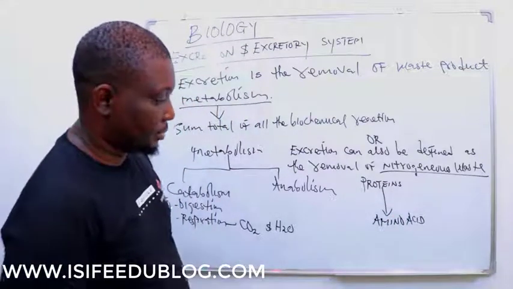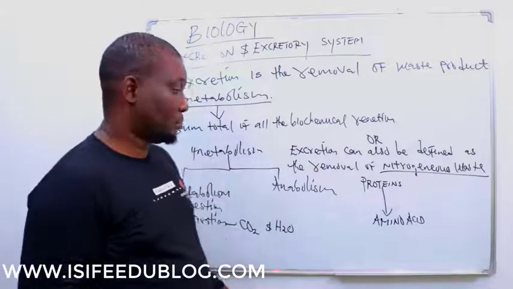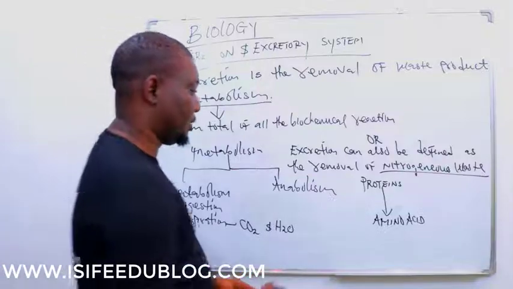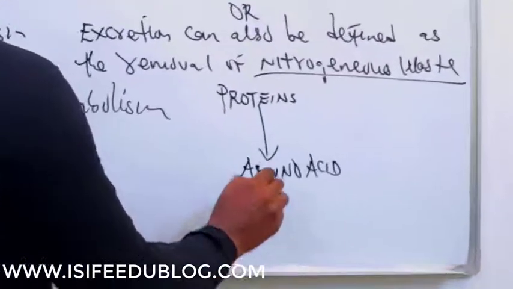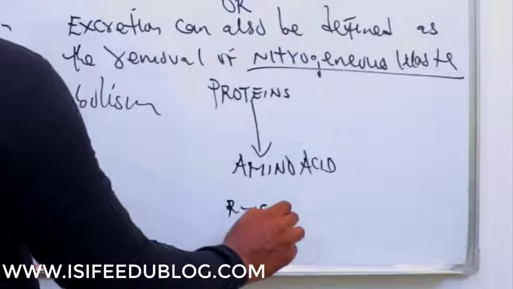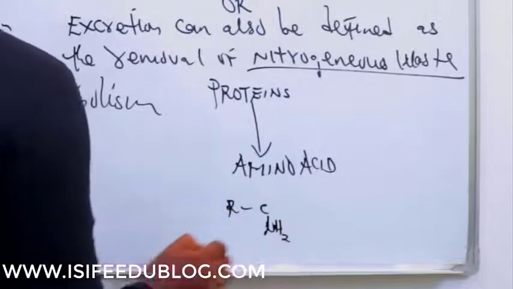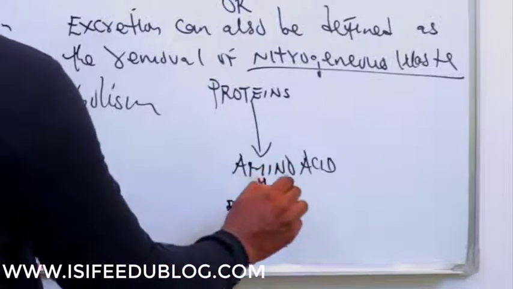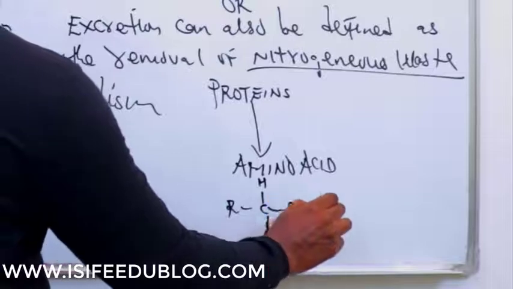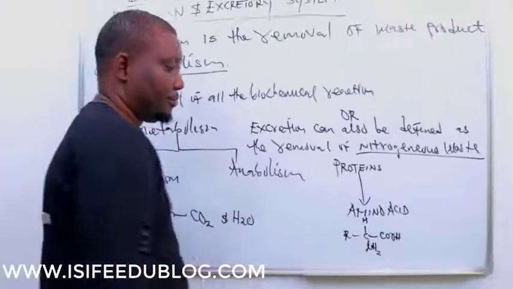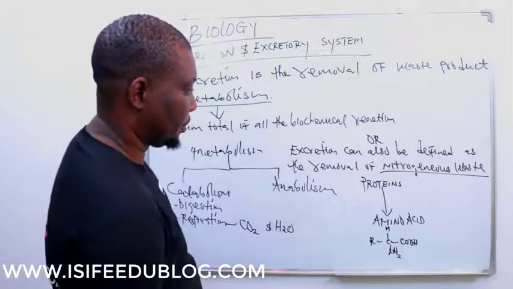Amino acid contains an alkyl group, an amine, a hydrogen atom, and a carboxylic group. This is amino acid.